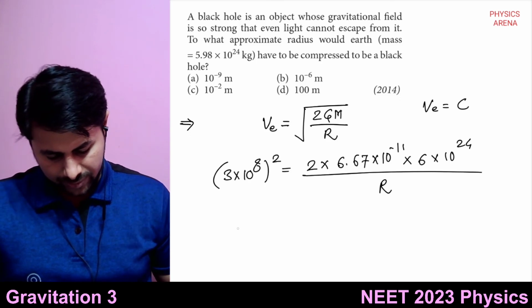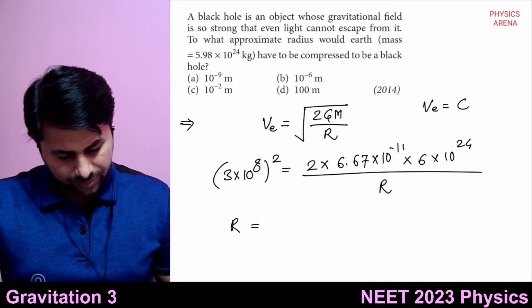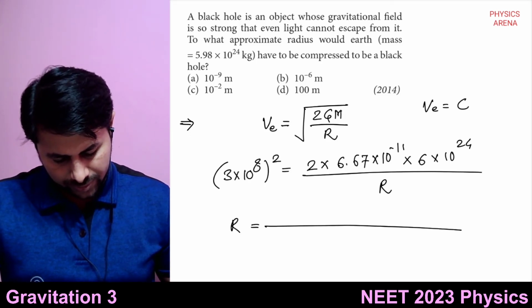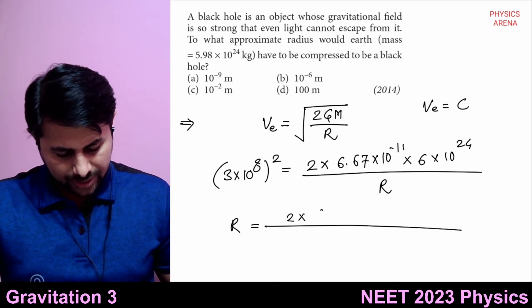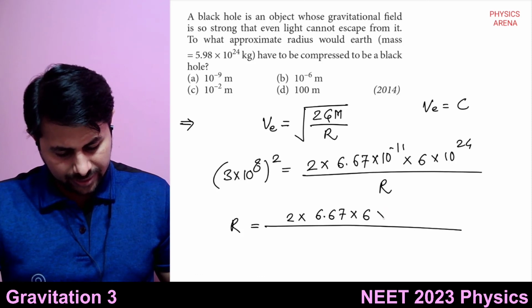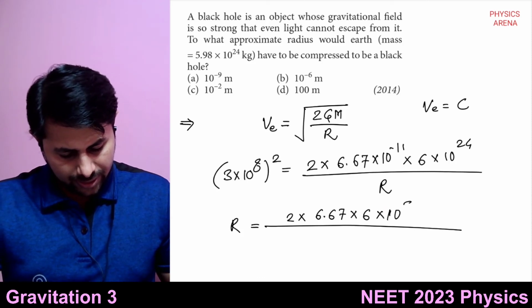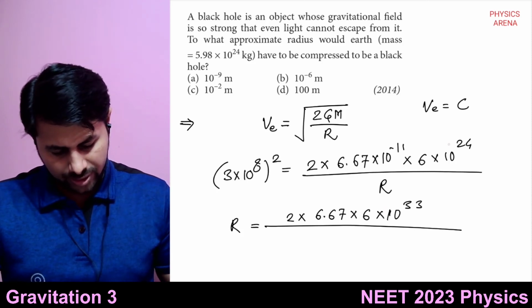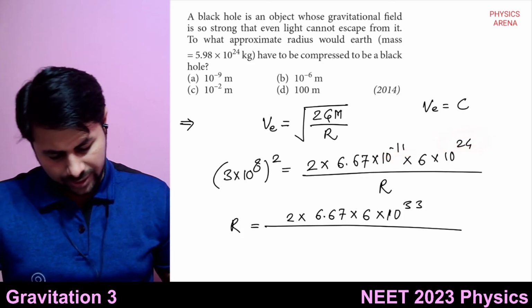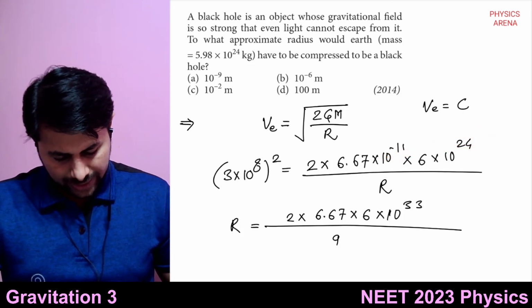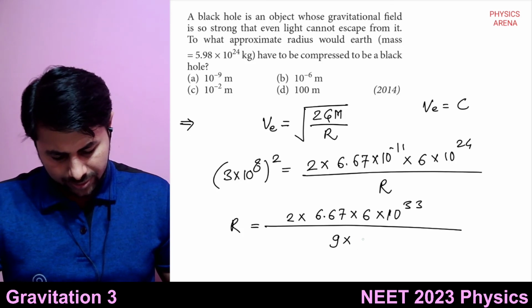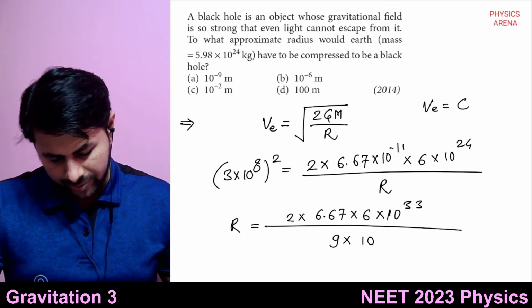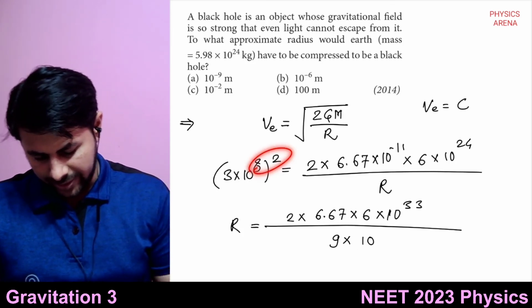So R is equal to 2 multiplied by 6.67 multiplied by 6 multiplied by 10 raised to 33, 24 minus 11, divided by 9 multiplied by 10 raised to, 8 square, 16.